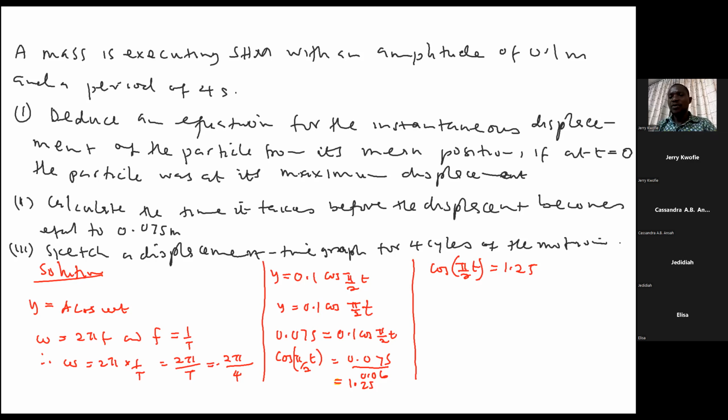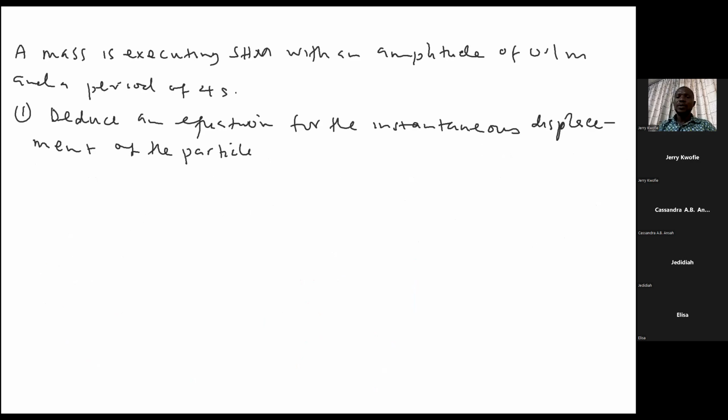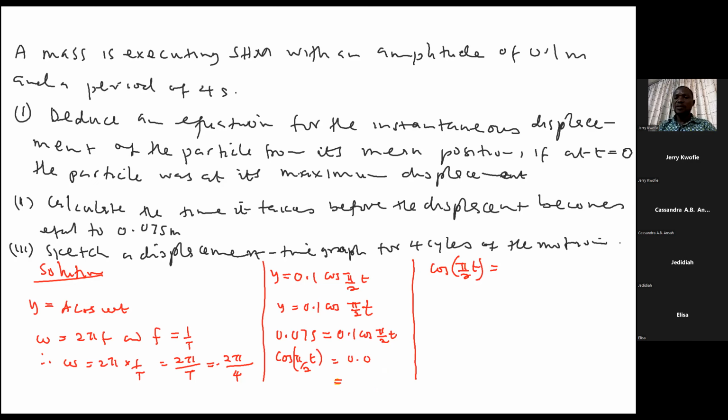We have made a mistake. You see, if we make cos of pi over 2 times t the subject, we are not going to get 0.075 over 0.06. Let's look at the change of subject. What I've written is not correct.